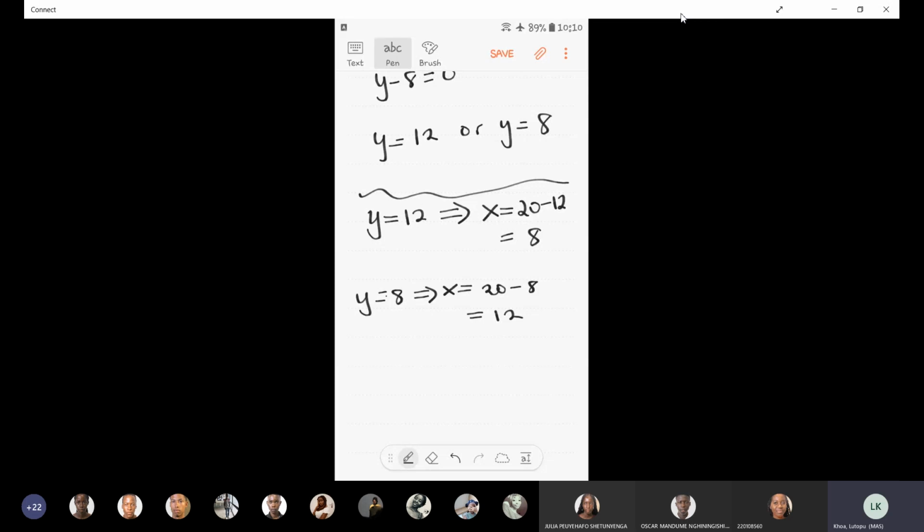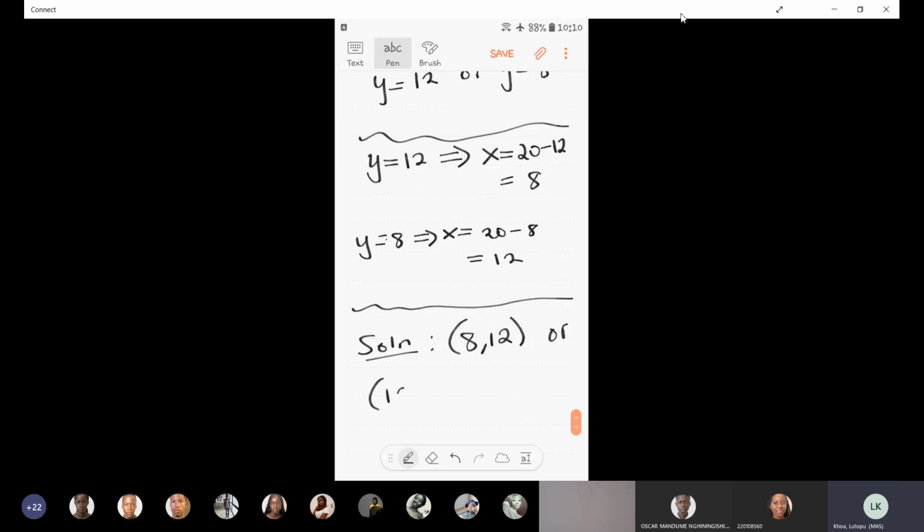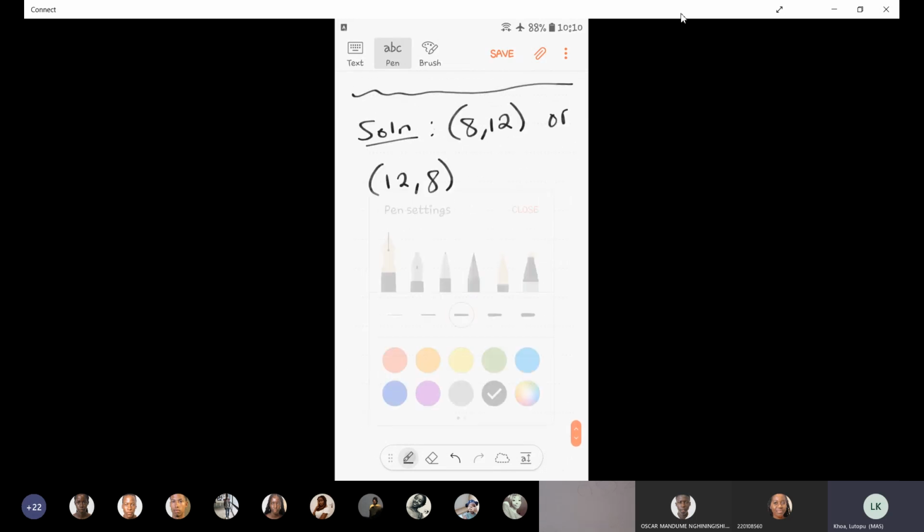No, you must say when x is this, then y is this, because they are a pair. So you can write them as coordinates. So you can say your solutions are x is the first one, so it's 8, 12, or 12 and 8.